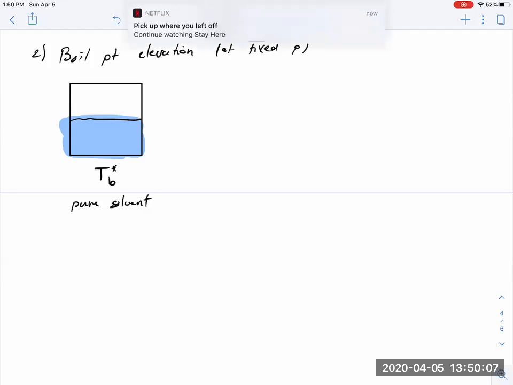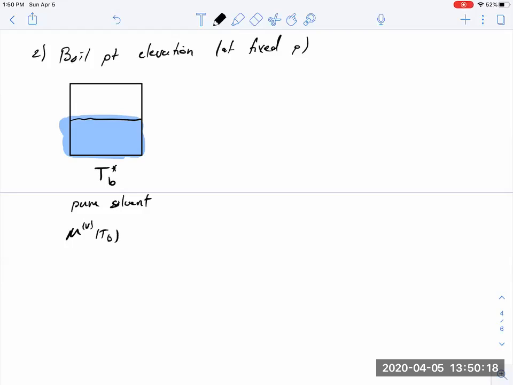At that condition of pure solvent, it must be the case that the chemical potential of the vapor at that temperature is equal to the chemical potential of the liquid at that temperature. That would allow me to have coexistence between the liquid and its vapor.